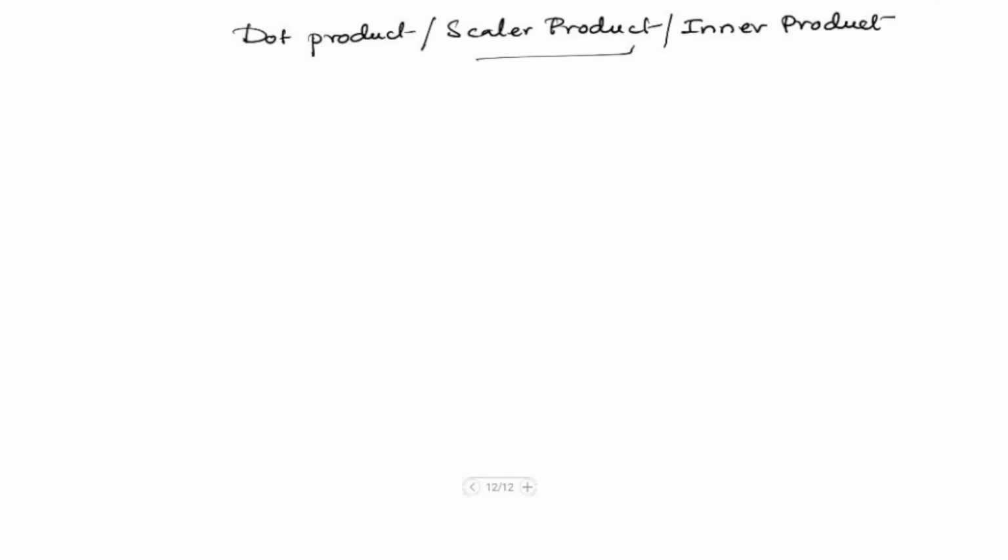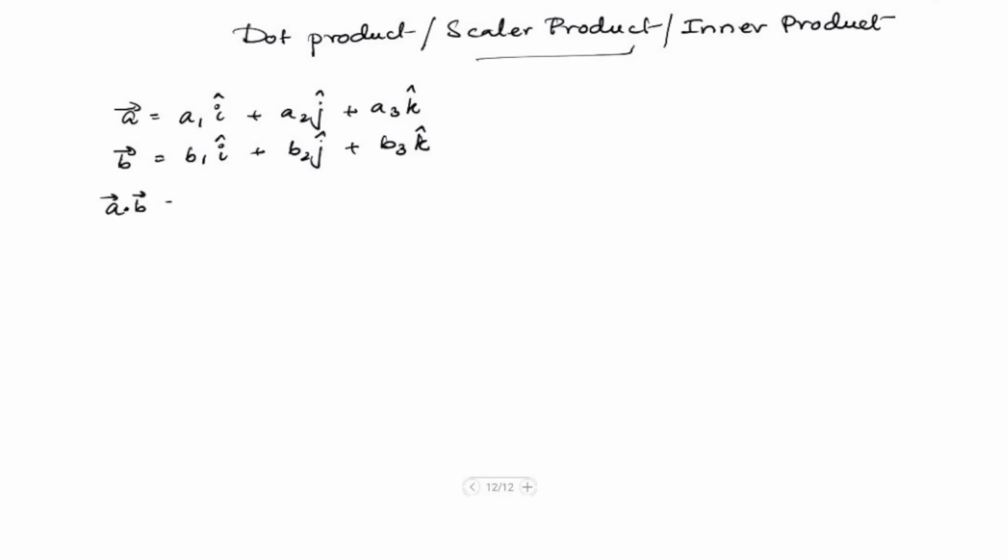So generally, if we are given two vectors, let's say A and B, so vector A is A1 i cap plus A2 j cap plus A3 k cap, and we're given another vector B, B1 i cap plus B2 j cap plus B3 k cap, and we do the dot product of both the vectors.